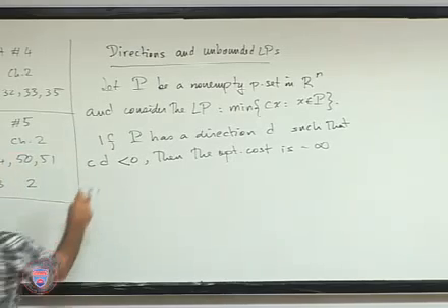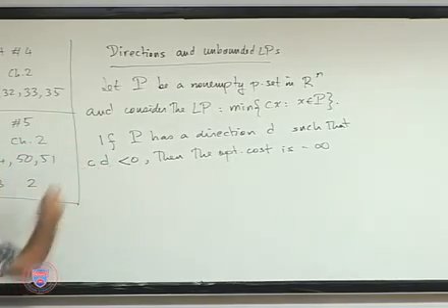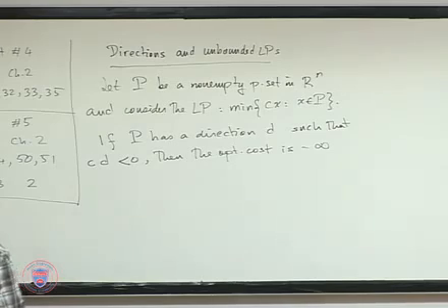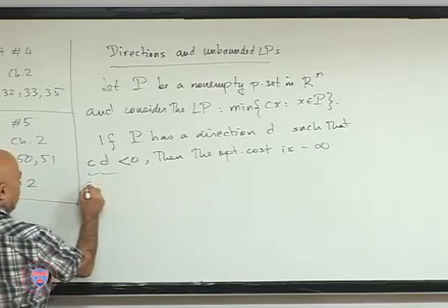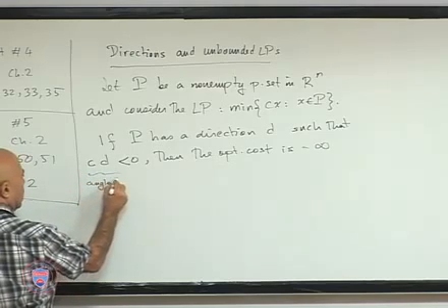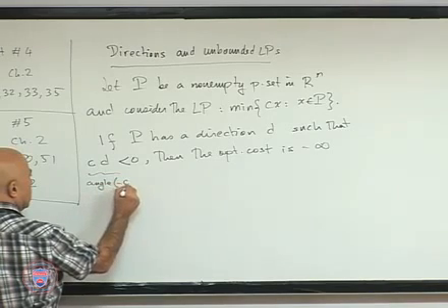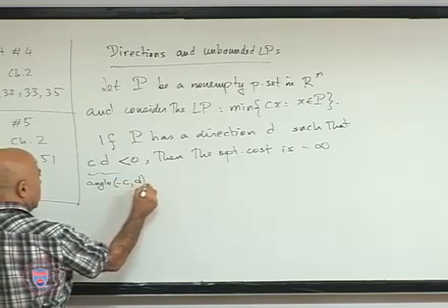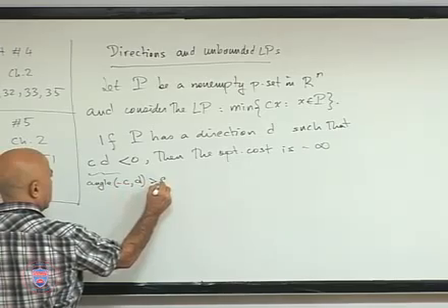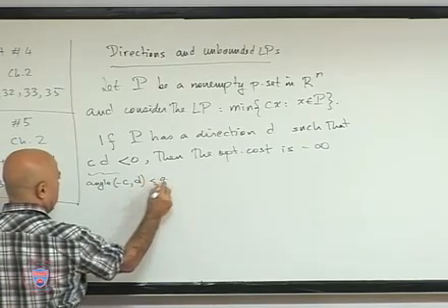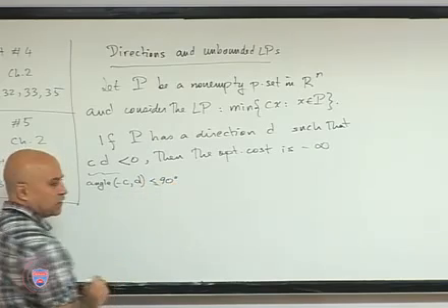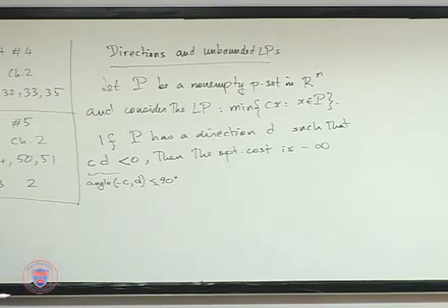Under what circumstances? If there's a direction D whose dot product with C is less than 0. Of course, what this means is the angle between minus C and D is less than 90 degrees, right? That's what it means.